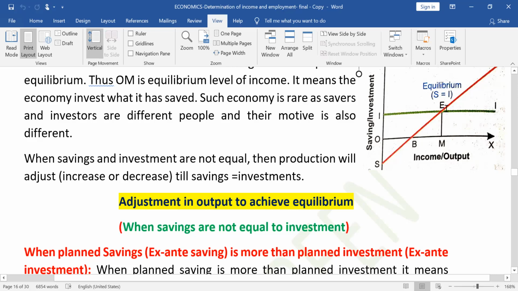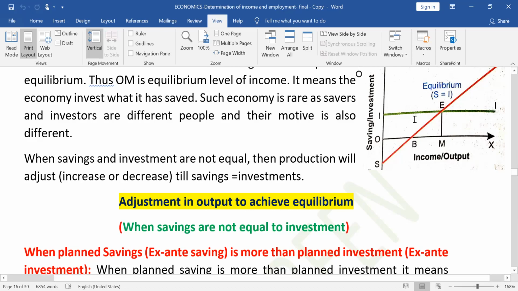To the left of point E, investment is more and saving is less, which means aggregate demand is more and aggregate supply is less. In an economy, when aggregate demand is more and aggregate supply is less, all the goods produced are sold. The producers are getting high profit because demand is very high.